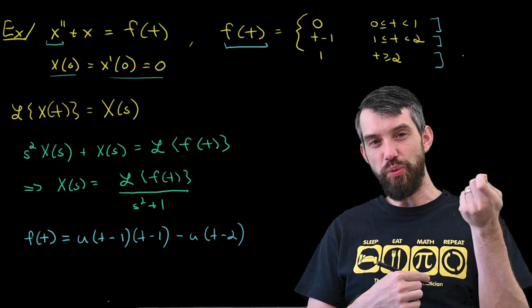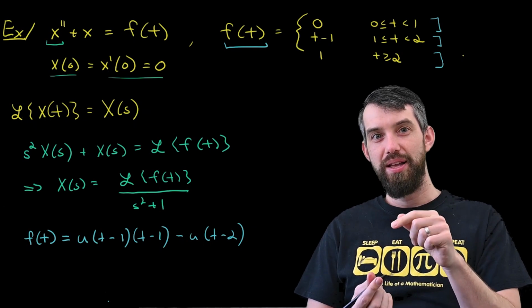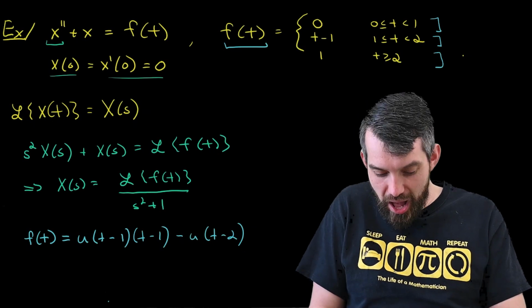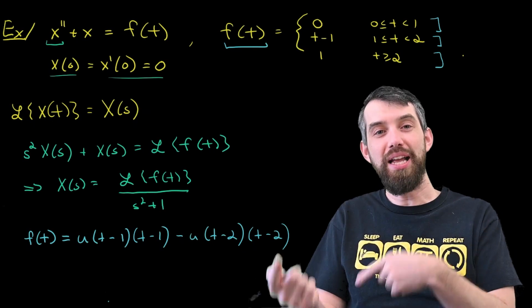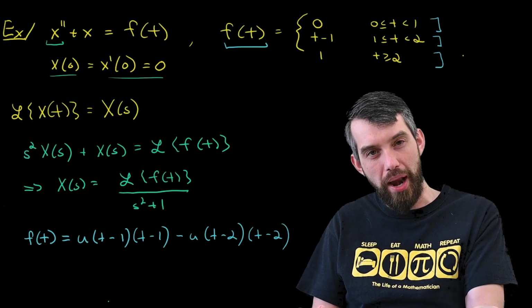Because in the region t greater than 2, I want the net result to be 1, and since I already have a t - 1 from the first term, I'm going to multiply this by a t - 2 in the second term, and then (t - 1) - (t - 2) is just going to give you the value of 1.